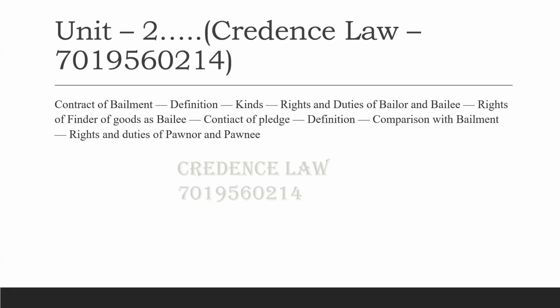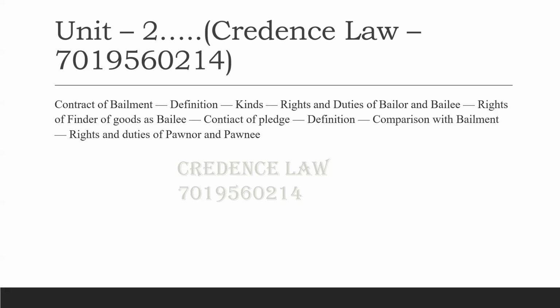Second unit is about bailment. So bailment is covered in chapter 9, wherein it contains sections from 148 to 181. And contract of bailment is a contract where there is a delivery of goods by one person to another for some purpose, upon the contract to fulfill the purpose.